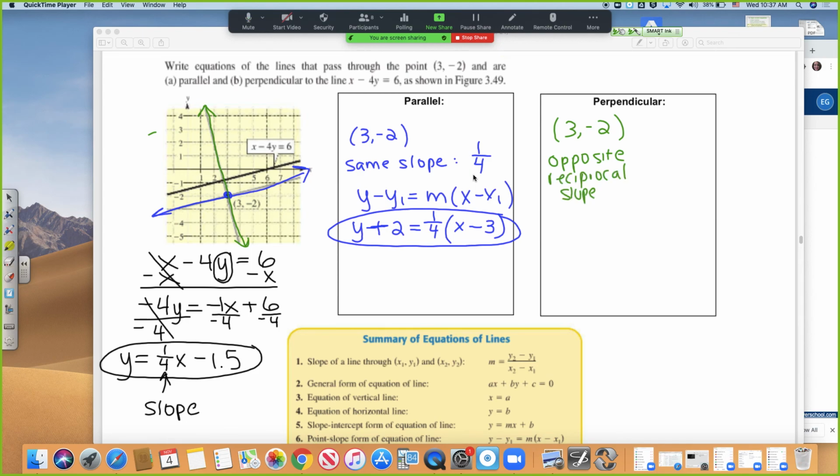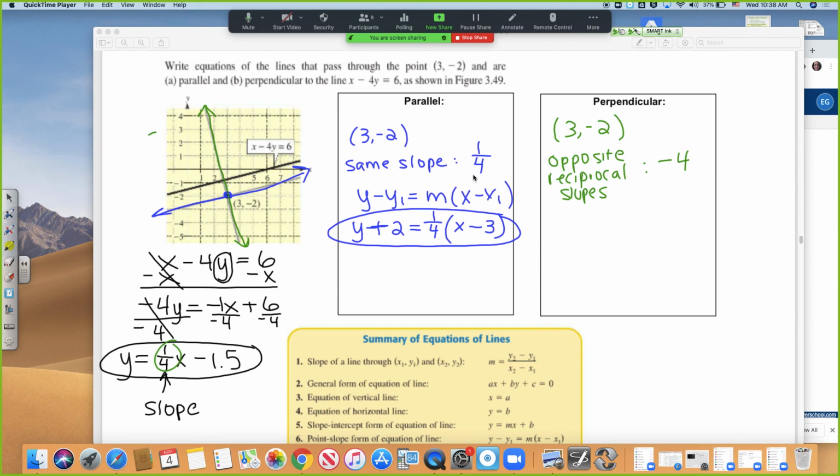So the slope of the black line is 1/4. The opposite reciprocal of 1/4 is what? Yes, negative 4. So I know that the slope of this line has to be negative 4. Because it still passes through the same exact point, this stuff here is going to actually look the same.